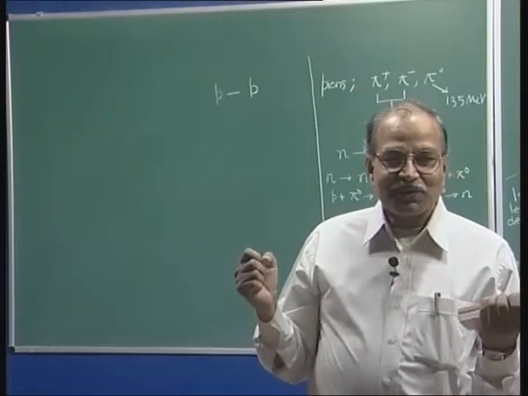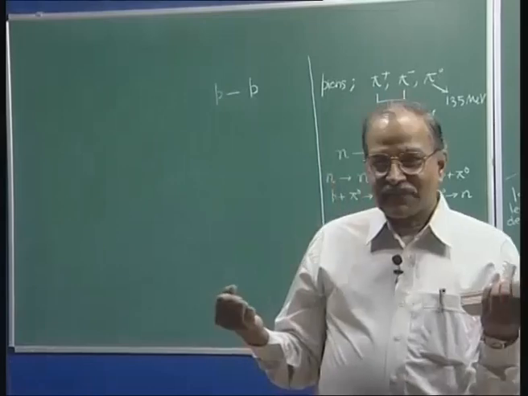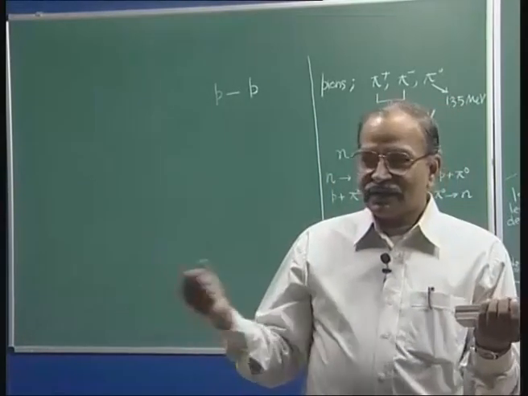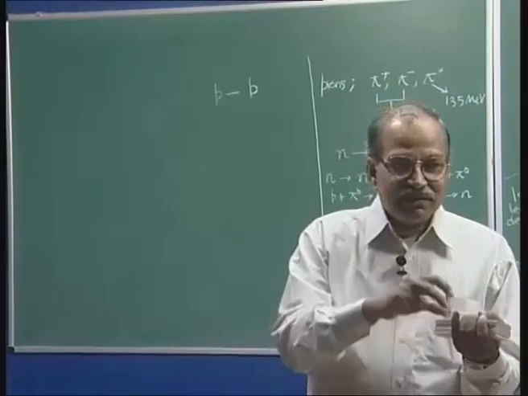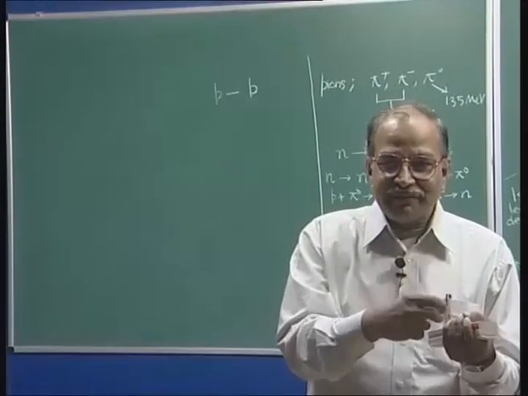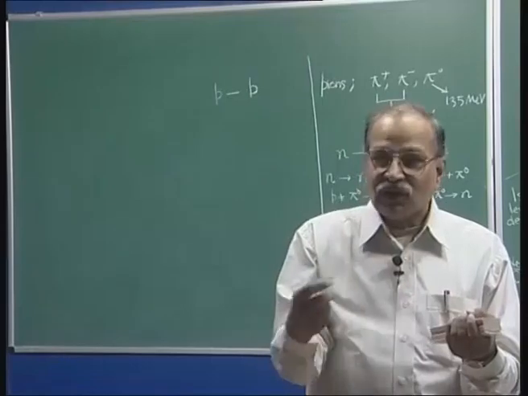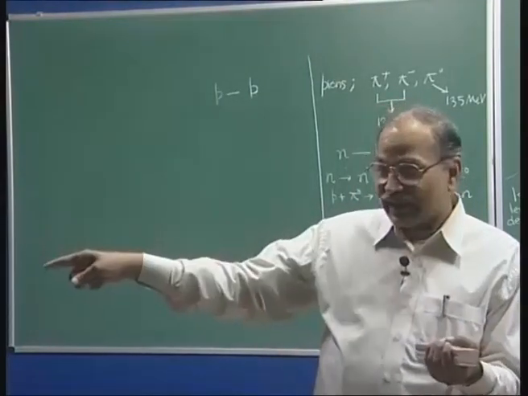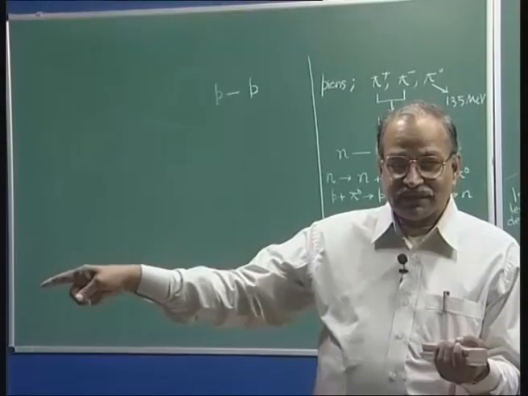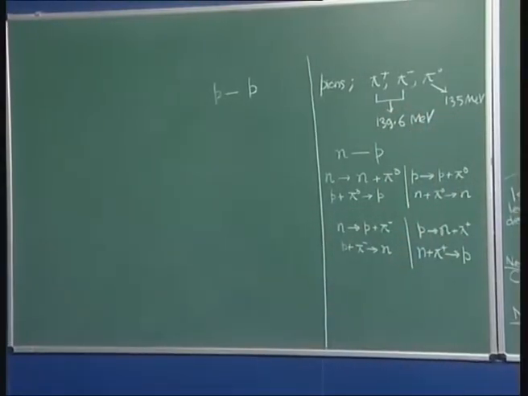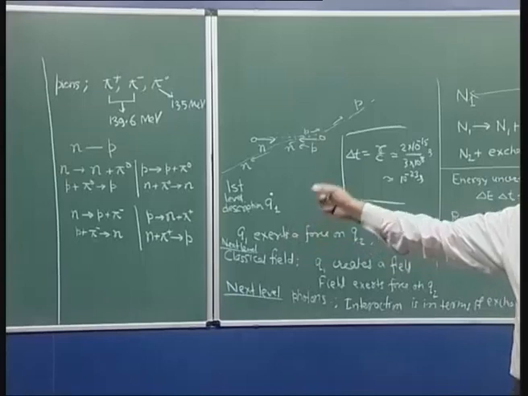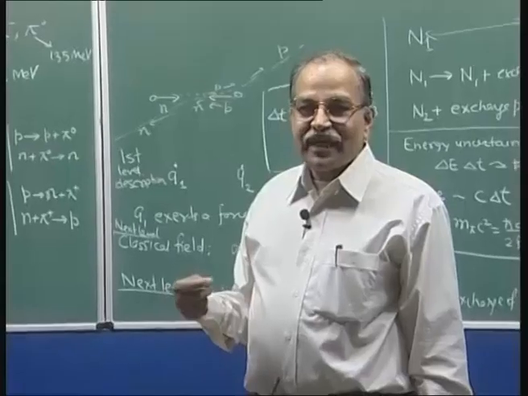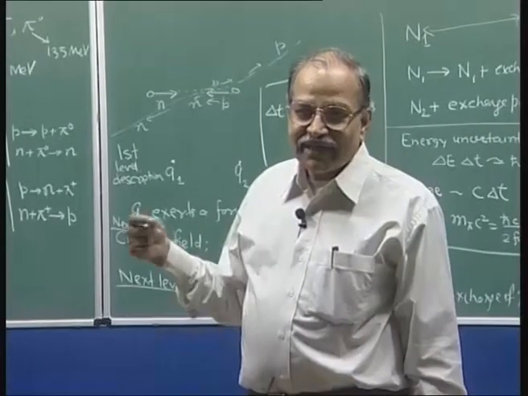Like NP, one side neutron, other side proton, it was possible for the first particle to emit a neutral pion or a positive pion or a negative pion. All three could go there and get absorbed, right, these three varieties.